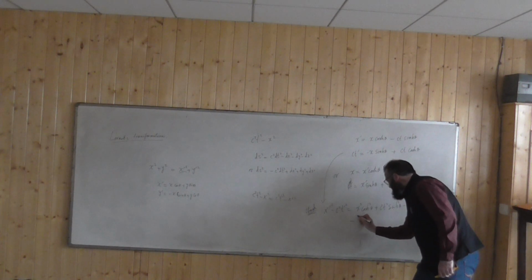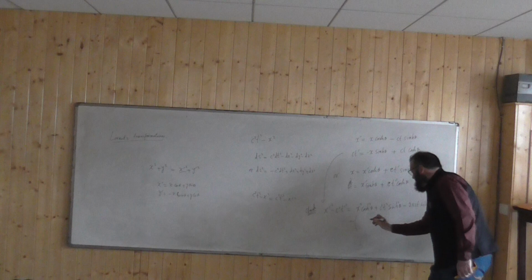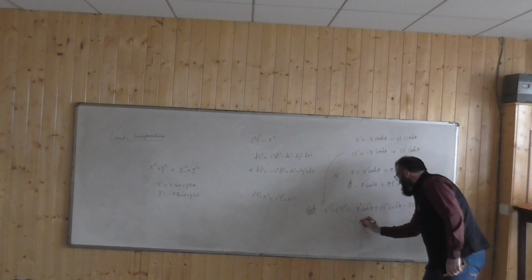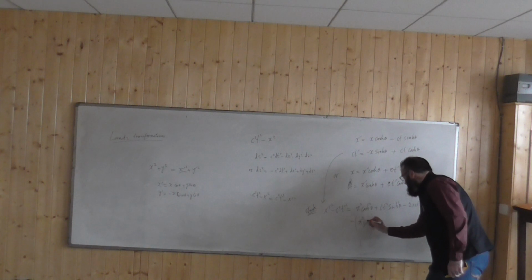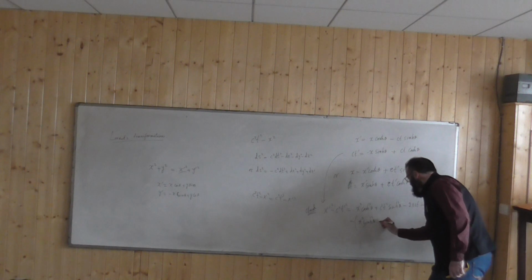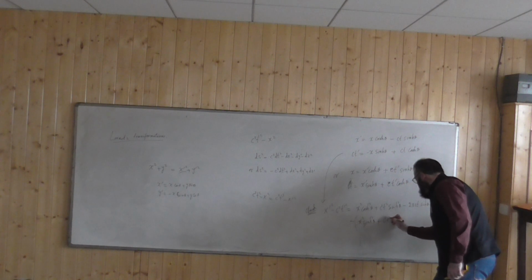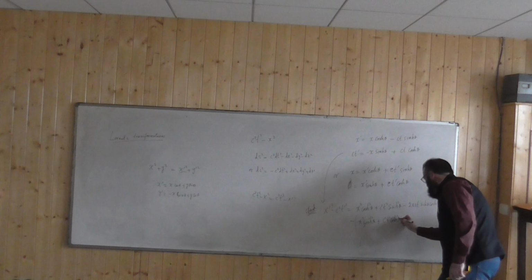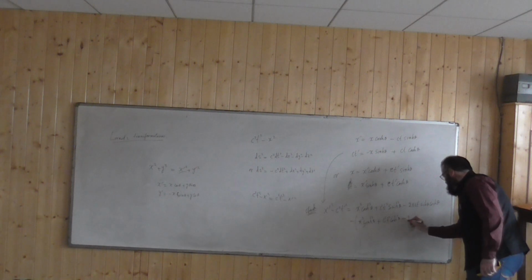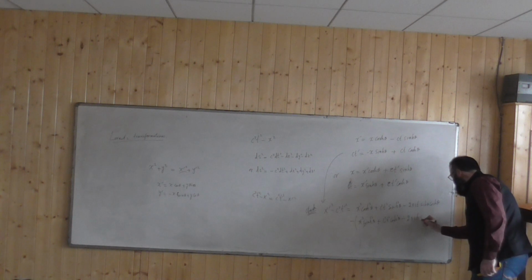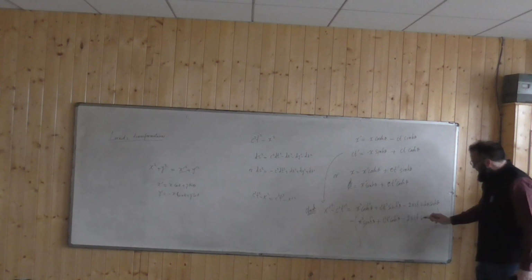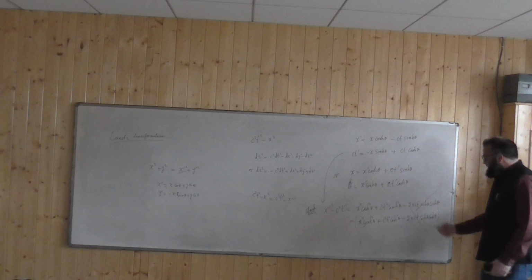Then you are having minus sign here, c square t prime square you can write. So it is x square sine hyperbolic square theta plus c square t square cosine hyperbolic square theta, then minus twice x ct sine hyperbolic theta cosine hyperbolic theta. So this term cancels with this term.